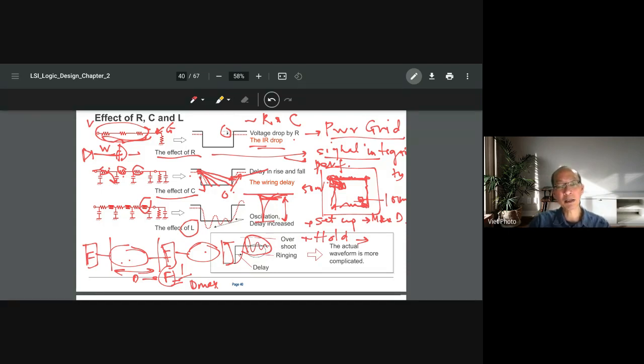When you have a circuit with L and C, that's the resonance, and it goes down like that. It represents the resistance. Resistance consumes energy. That's why the bouncing here goes down to 0. If you don't have the resistance, this would just bounce up and down because energy is not lost.